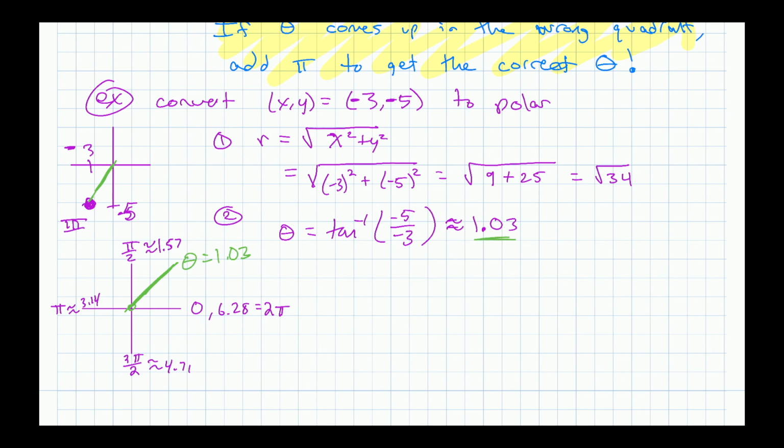So you get this angle, you realize that that's in quadrant 1, which is wrong. What do you do if you get it in the wrong quadrant? We should just be able to add pi, because we actually just want the one that is 180 degrees away from it down here. Okay, so you just add pi.